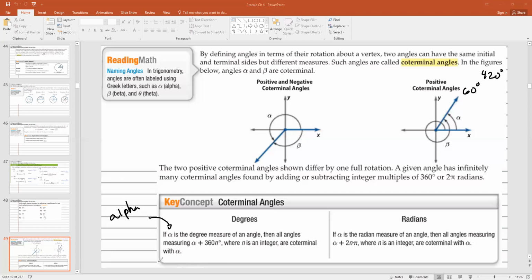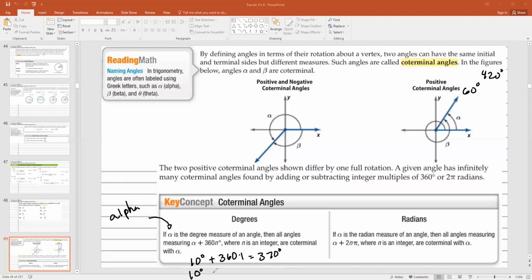So that means, let's say alpha was 10 degrees. If you add 360 times 1, 360 times 1 is just 360, you get 370 degrees. So 10 degrees and 370 degrees are the same.